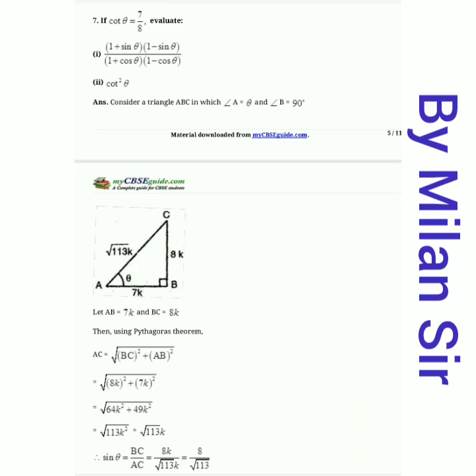Now find third side by using Pythagoras Theorem. So AC square is equal to BC square plus AB square, and we need to take square root. So AC is equal to under root of BC square plus AB square. Now put the value of BC is 8k and value of AB 7k. So 8k square is 64k square and 7k square is 49k square, and addition 113k square.